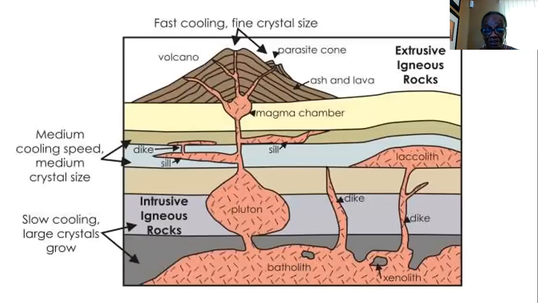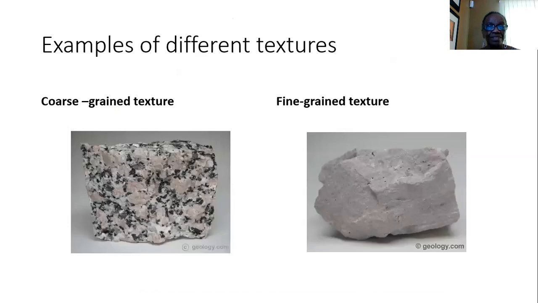Now, same diagram again for the difference in the textures that we will get based on cooling rate. Here are the examples of the textures and the names that we have for them. Coarse grain texture, or we can say fine grain texture. Now, if you look at this, you can see large crystals here.